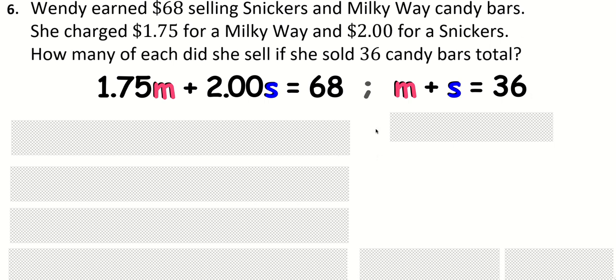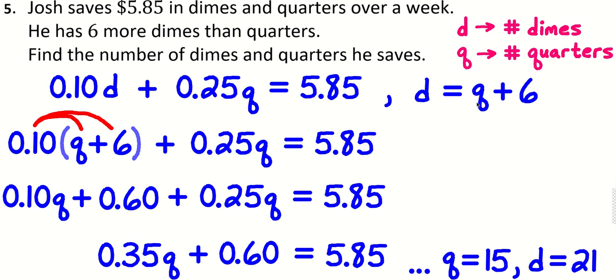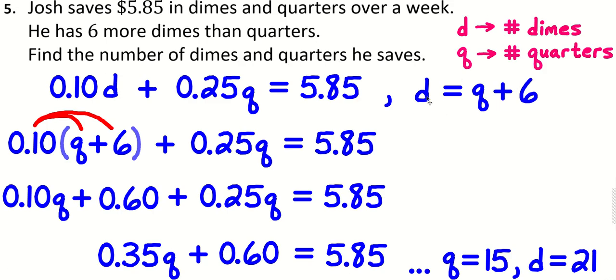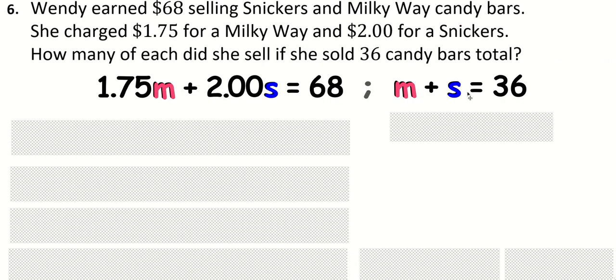So I think the slightly more advanced thing about this problem versus the last problem is that the last one was already saying, hey, D is literally equal to Q plus 6, so we could just make a straight-up replacement. But wouldn't we need this equation to say that M equals something with S, or S equals something, like we need one of these variables by itself.